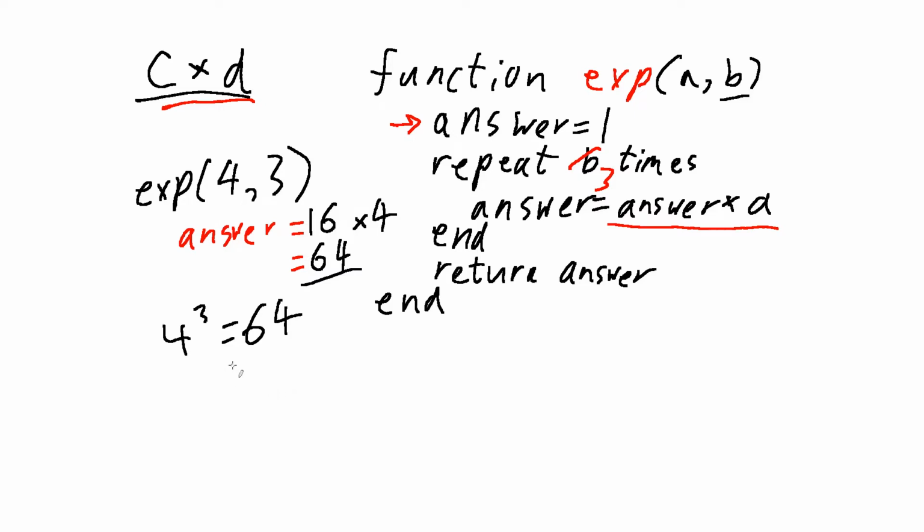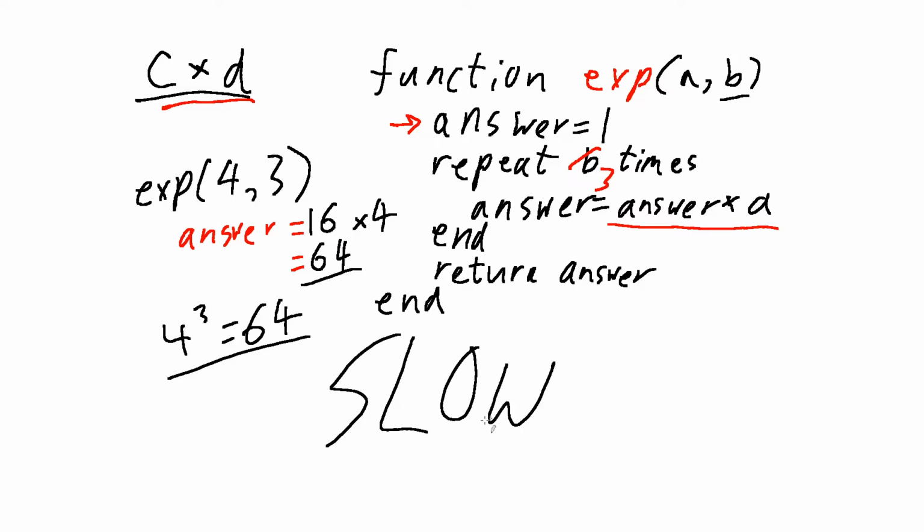So we will get the correct answer for any exponentiation we put in there. Now this is a working algorithm, it's correct, but there is an issue with this algorithm. This algorithm is extremely slow. So this is a slow algorithm.